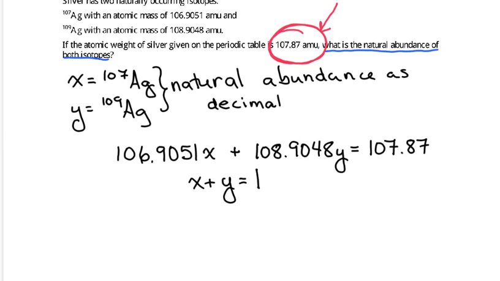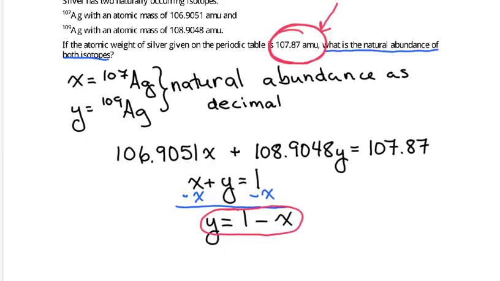The first thing I'm going to do is solve my second equation for one of my variables. So I'm going to solve for y. In order to isolate y, I'm going to subtract x from both sides. And in the end, what you get out is y equals 1 minus x. Could have solved for x, x equals 1 minus y. It doesn't matter. All that matters is that you solve for one of them. And now I'm going to take this and plug it into my first equation wherever y shows up.